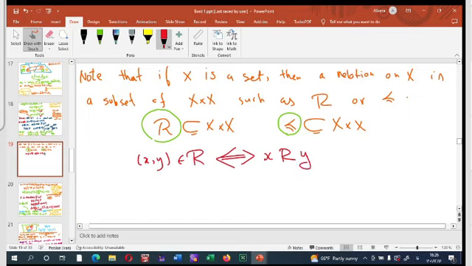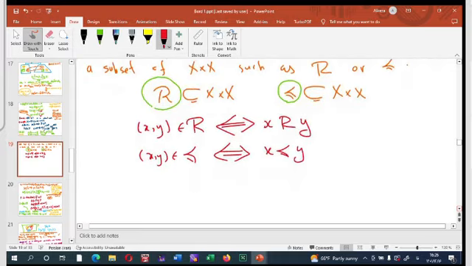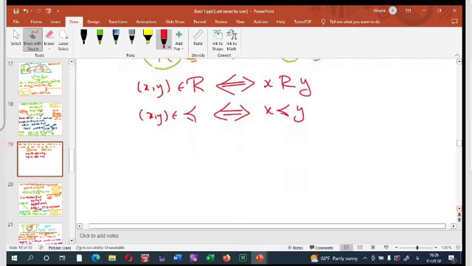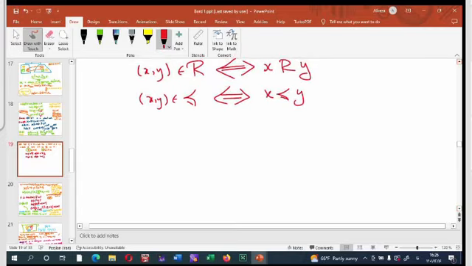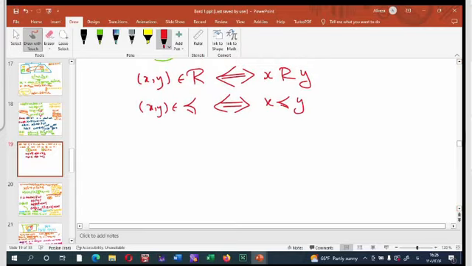Or by this notation, (x, y) is an element of this relation if and only if we have this, so that this is another notation for this.